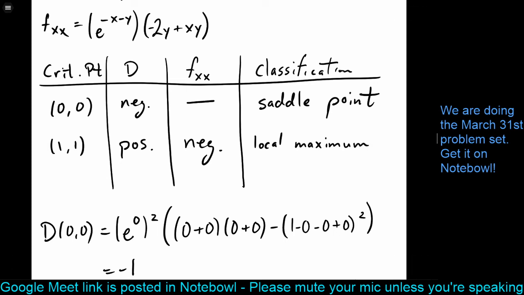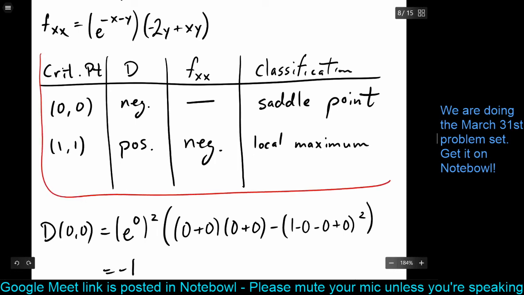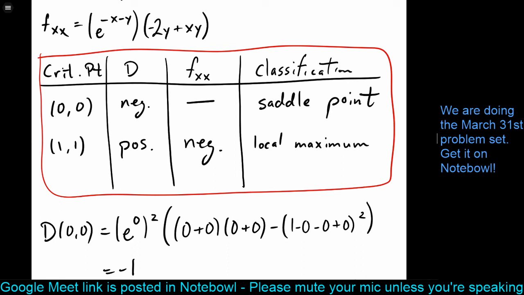Negative second derivative means max, positive second derivative means minimum. And then this right here is basically the answer, because all we're asking here is just to classify the critical points.